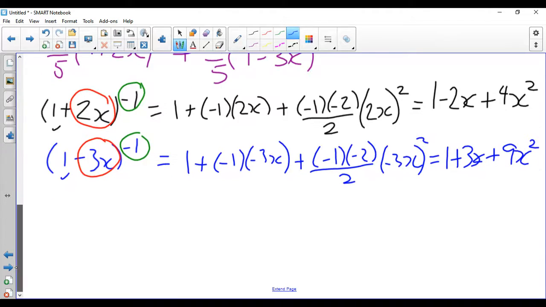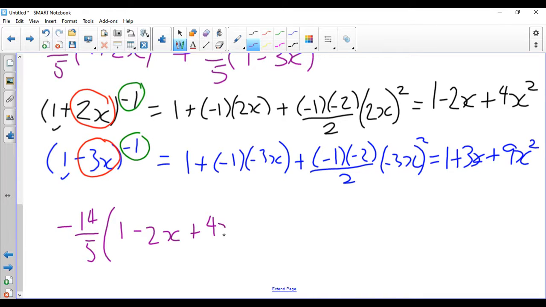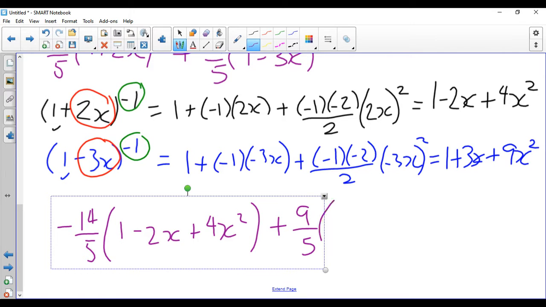Unfortunately, now we're going to have to put it all together. So I had minus 14 over 5 lots of the 1 plus 2x expansion, which is 1 minus 2x plus 4x squared, plus 9 over 5 of 1 plus 3x plus 9x squared.